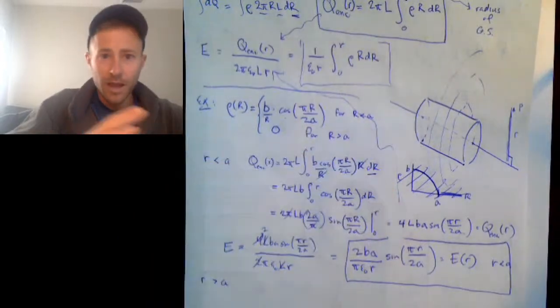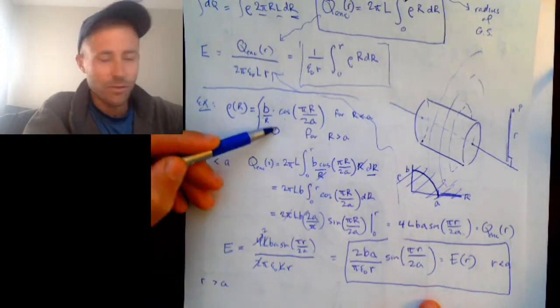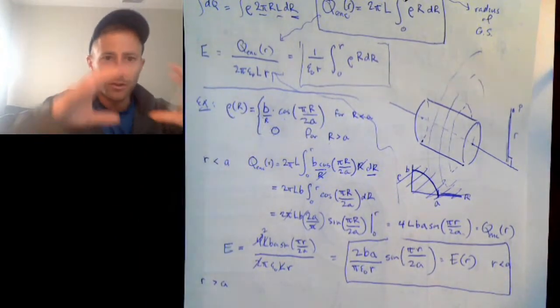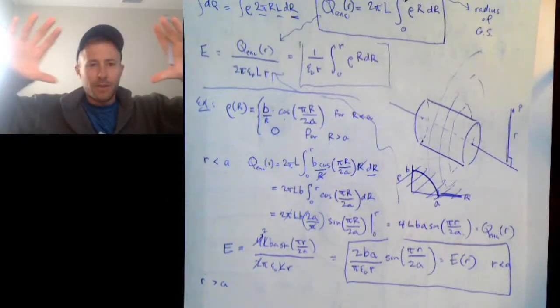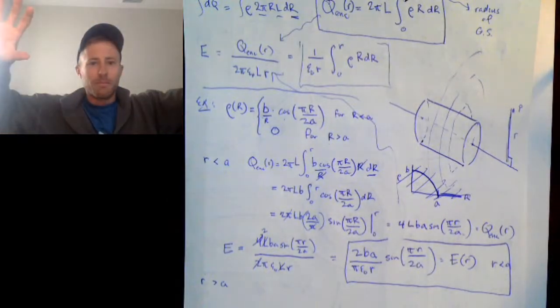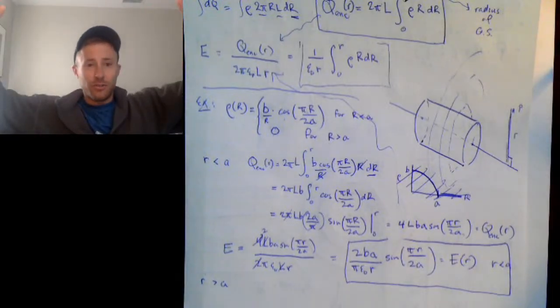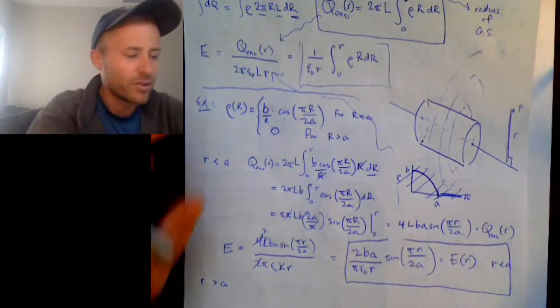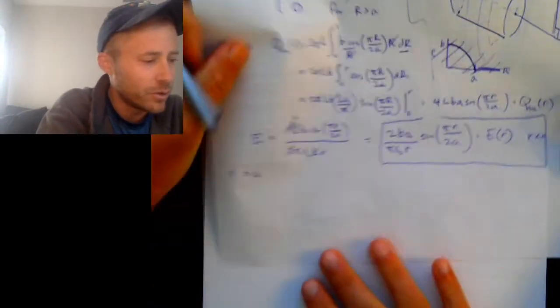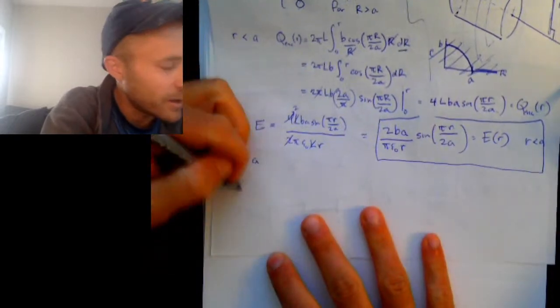Because see how the charge density drops to 0? So as long as we make the Gaussian surface bigger than the size of the charge distribution, it's always going to have all the charge. So there's a maximum value to the charge enclosed.